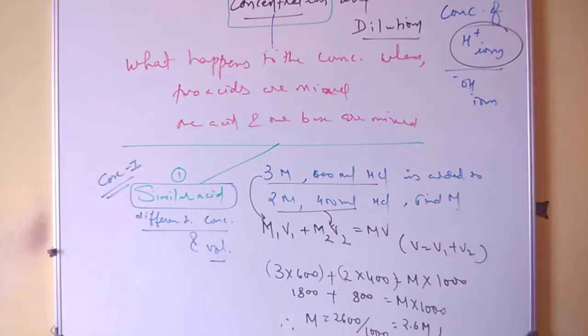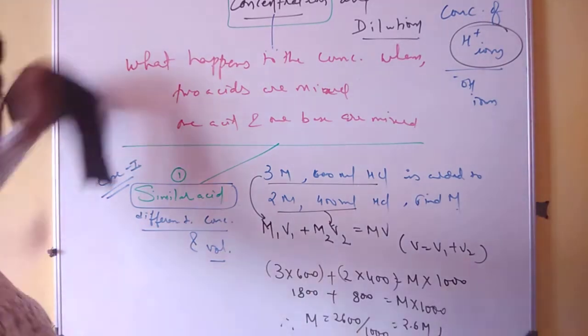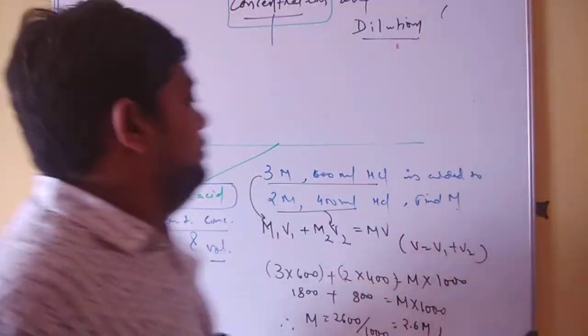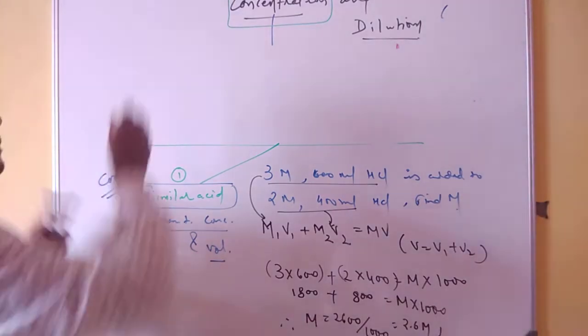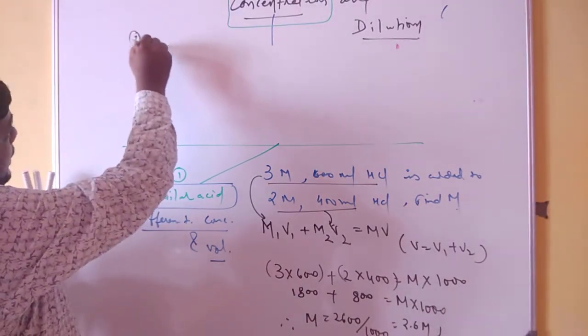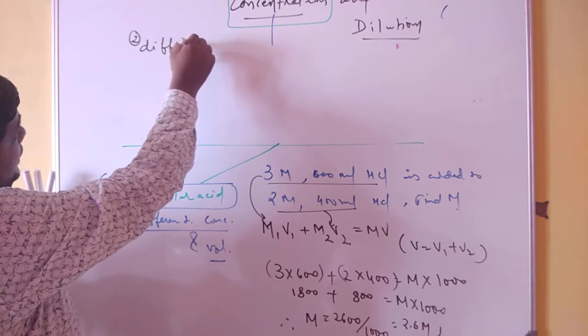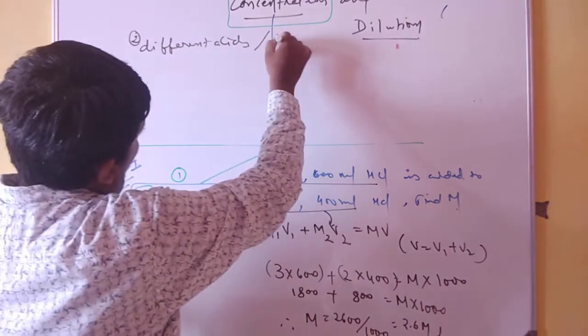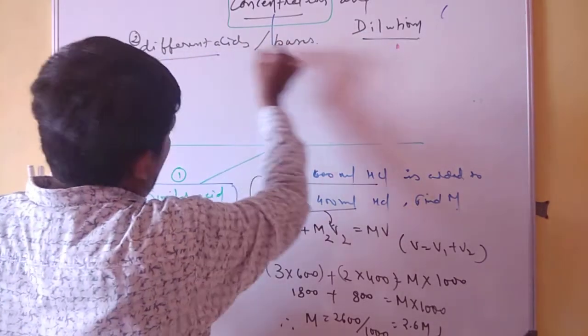Now let us shift from case 1 to case 2. Let us check especially in case 2 what happens, because in case 2, be very clear, I will be discussing different acids or different bases.